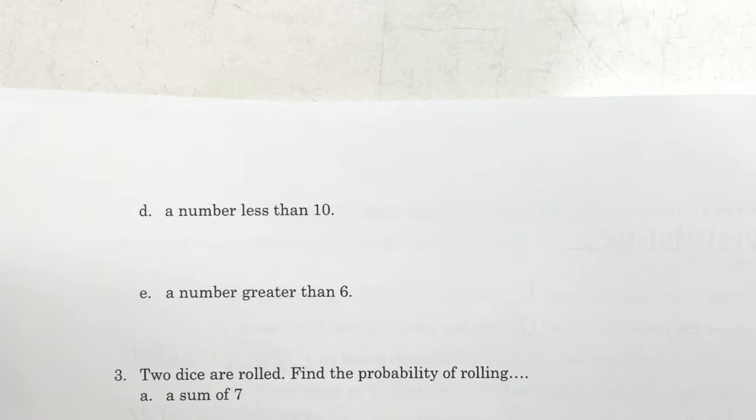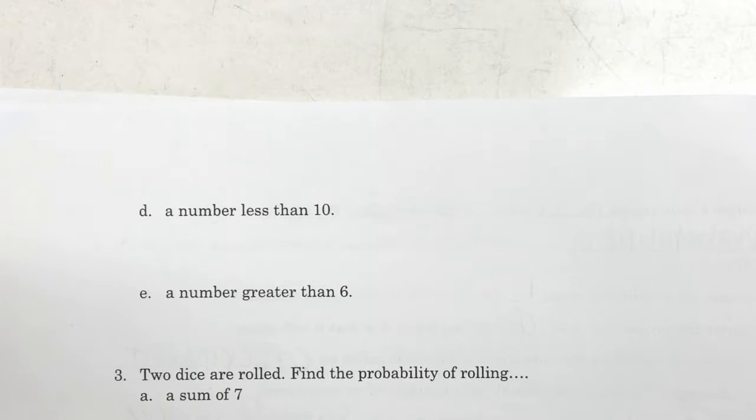Number less than 10, yes. So how many numbers are on the dice? How many of those are less than 10? 6. You can't have 9 chances of success if there's only 6 of them. Okay, so it'd be 6.